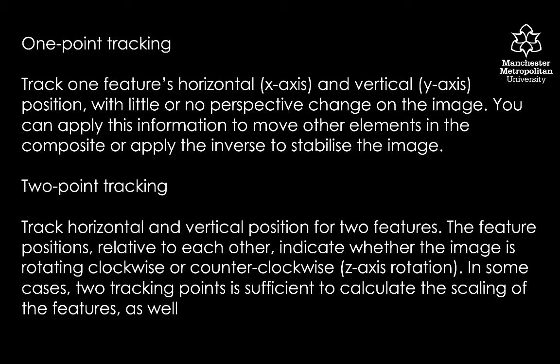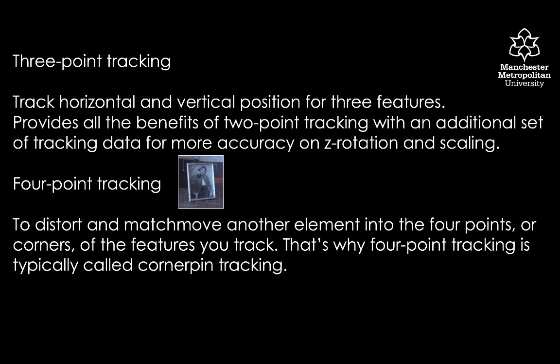When it comes to 2 point tracking, you're looking at position plus a little bit of rotation, clockwise or counterclockwise. So the rotation comes into play as well. In the same case, 2 point tracking is sufficient to calculate the scaling of the feature as well.